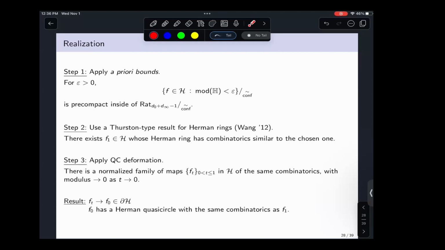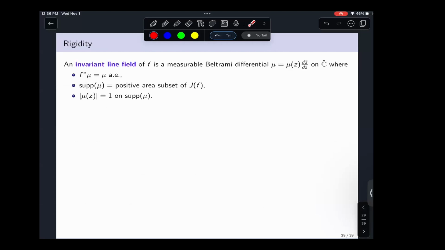And the second part concerns the rigidity bits. And for this one, I have to introduce the notion of invariant line field. So just by its name, you can imagine a field of basically lines on tangent spaces of points on the Riemann sphere.